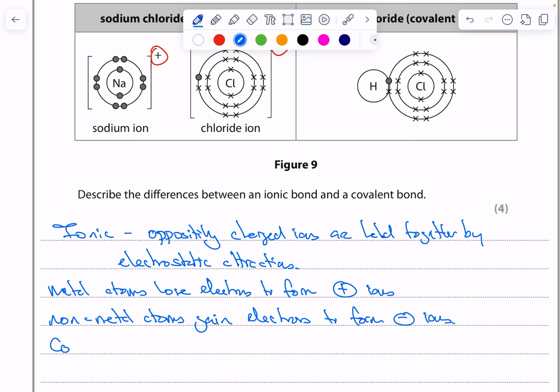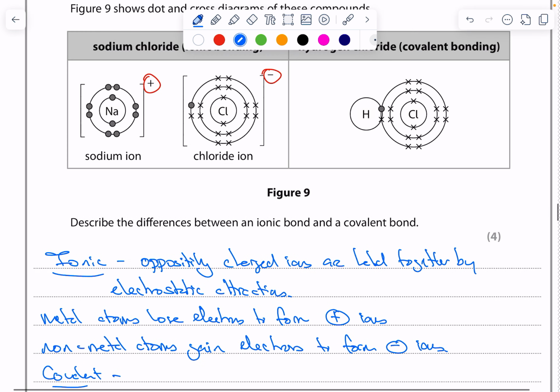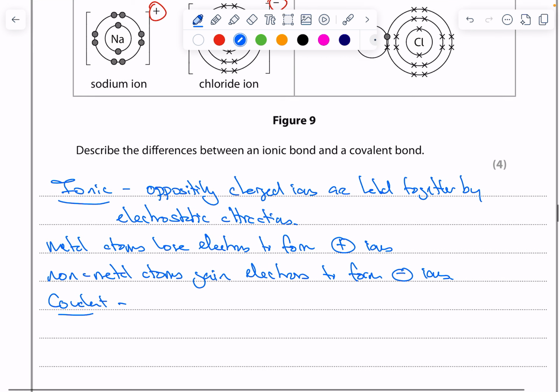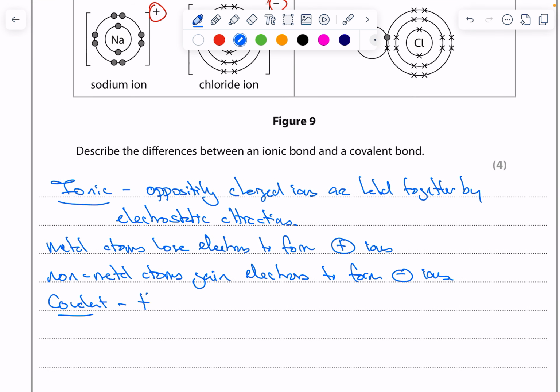If we now do the same for covalent, so covalent, as you can see in the picture here, they don't form ions, but what they do is they overlap their energy levels and they share a pair of electrons. So covalent bonding, the atoms share a pair of electrons.